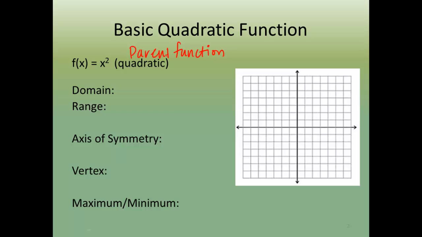With this, I have to consider the domain. My domain is all my input values, all of the x's. So the question I ask is, what numbers are you not allowed to square? What numbers would you mathematically not be allowed to multiply by themselves?